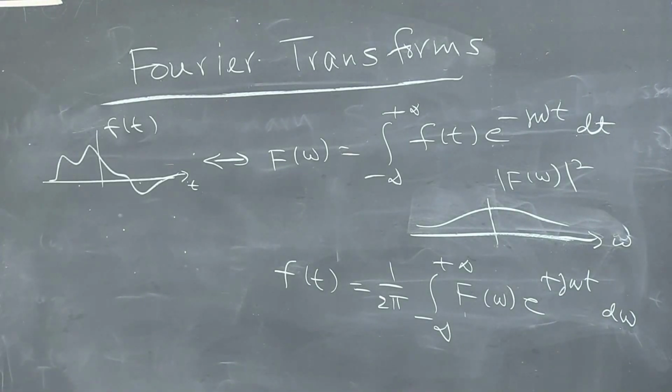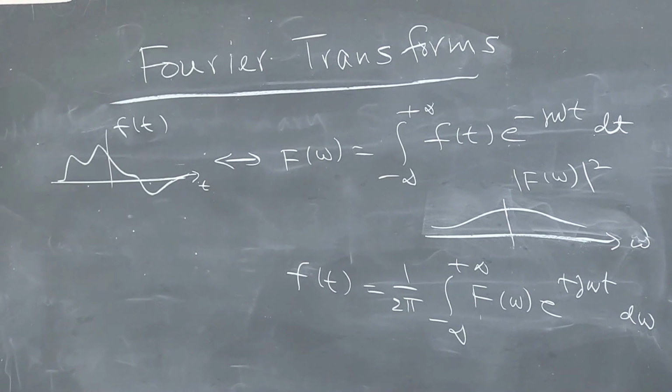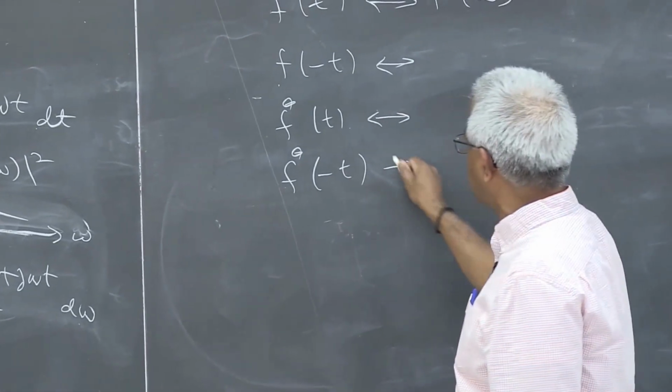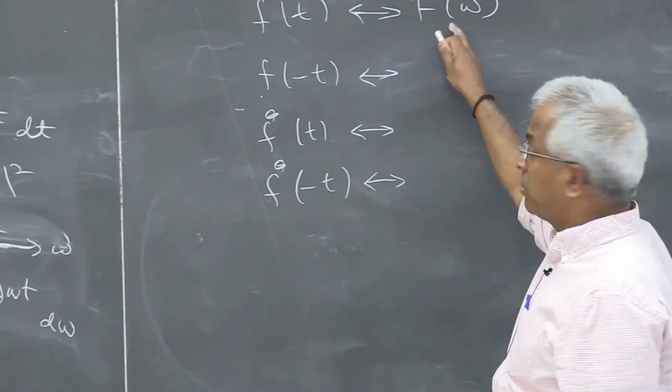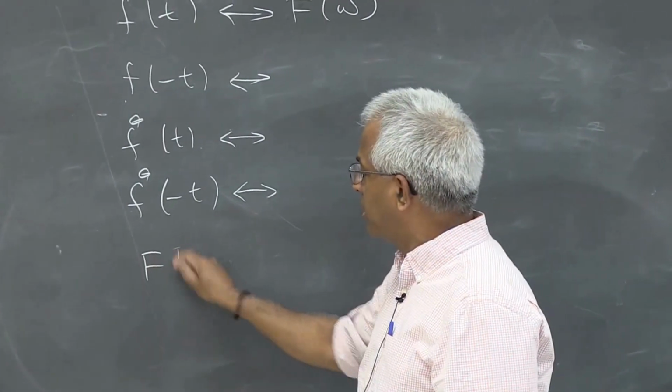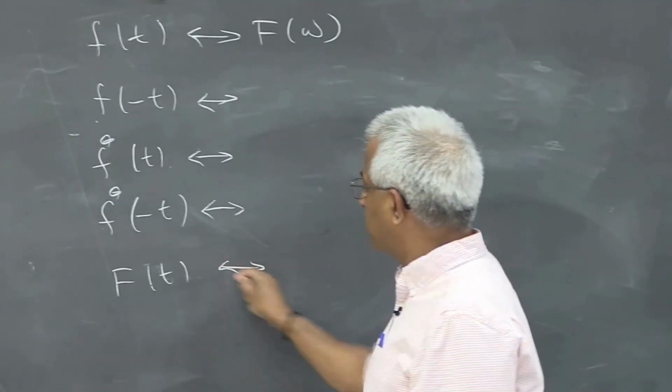So maybe a few things are interesting. What is the Fourier transform of f of minus t? What is the Fourier transform of f star of t? What is the Fourier transform of f star of minus t? What if I bring this shape into the time domain? What's the Fourier transform here?